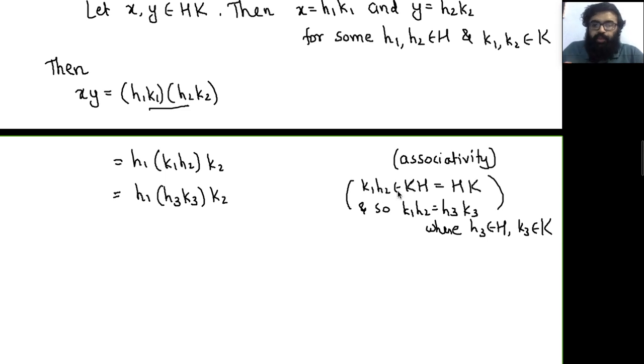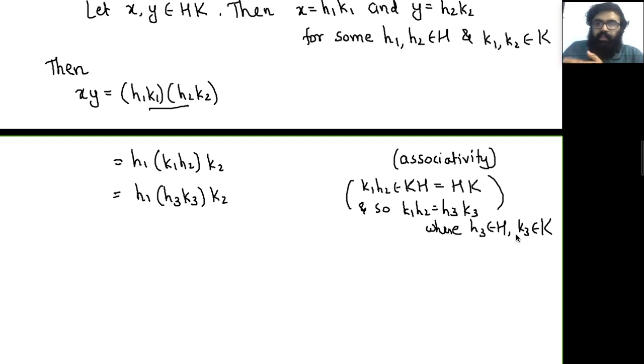So k1 h2, this is an element of K times an element of H, so k1 h2 is an element of KH, but KH equals HK. So k1 h2 is in HK. HK elements are of the form an element of H times an element of K. So k1 h2 equals h3 k3 for some h3 in H, k3 in K. This much we know.